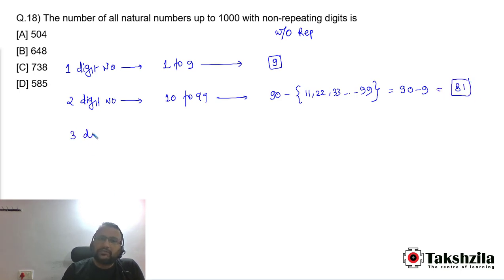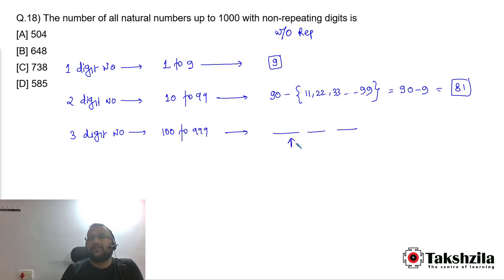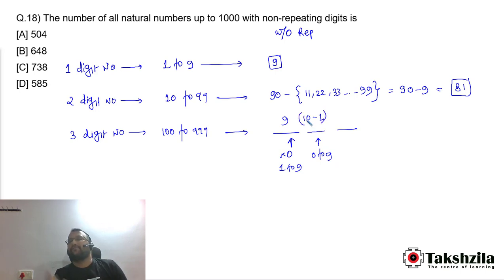Now the third case is three digit numbers. They are like 100 to 999. Here 0 cannot come at the first place, so at the first place 1 to 9 can come. So there are 9 choices. For the second place, 0 to 9, there are total 10 choices, but out of these 10 choices, one choice is already used at first place.